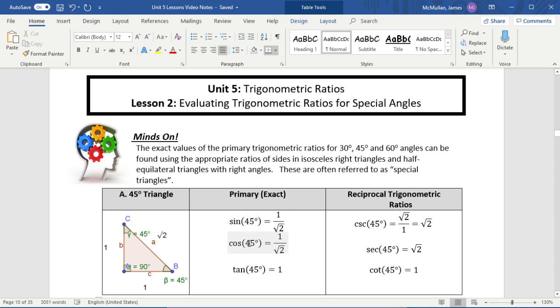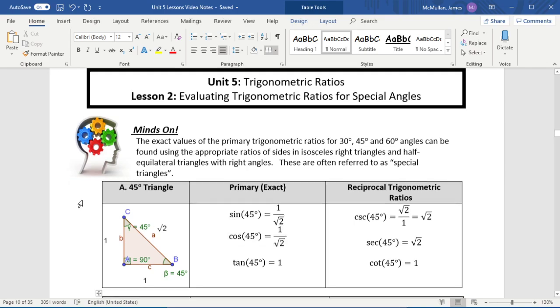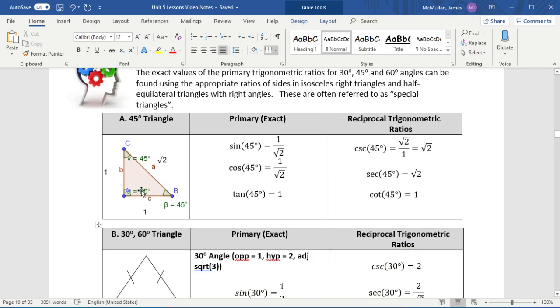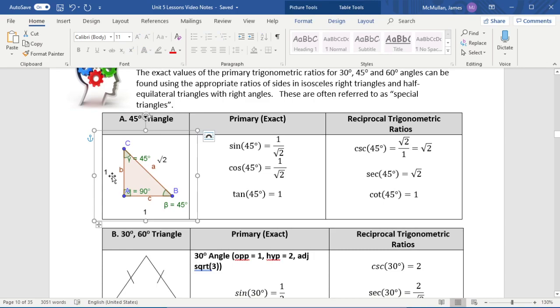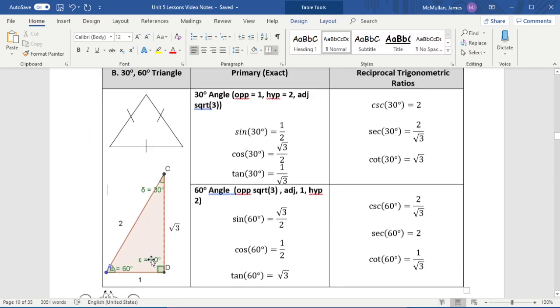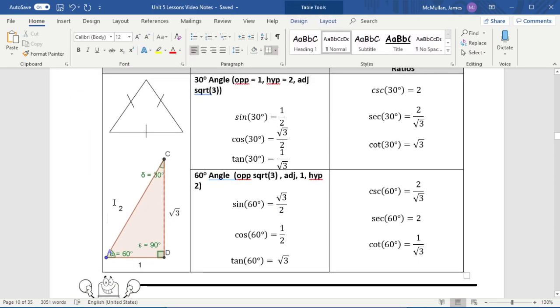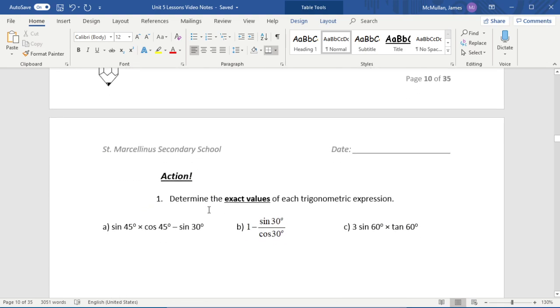It takes an angle and gives a ratio. Well, in this particular triangle, you know the ratios. You know all of them. We just went through them all. And you can recreate them yourself pretty easy, as long as you remember that this triangle is 1 to 1 to root 2, and this triangle is 1 to root 3 to 2. If you can remember that, then you can recreate these ratios as needed.